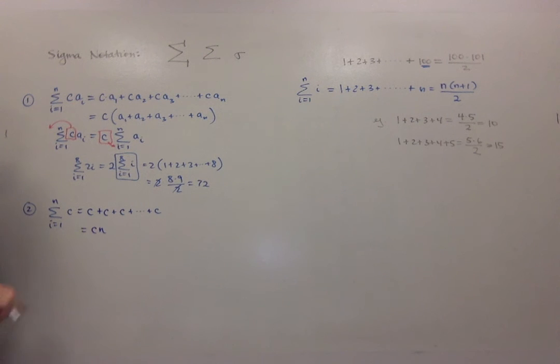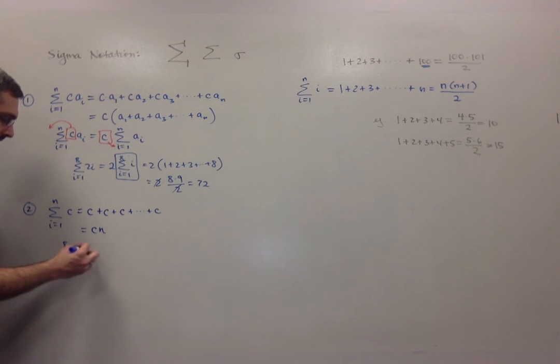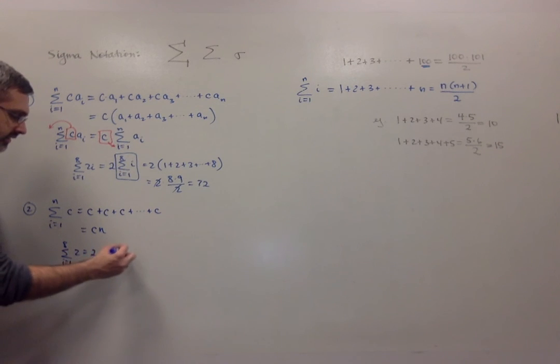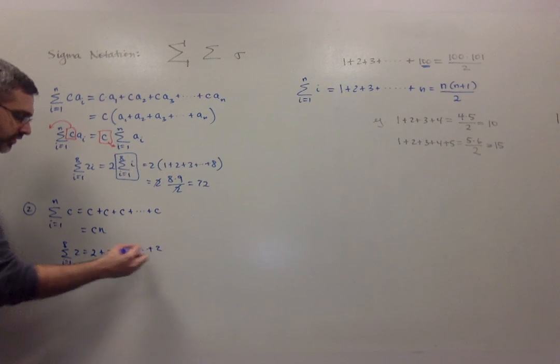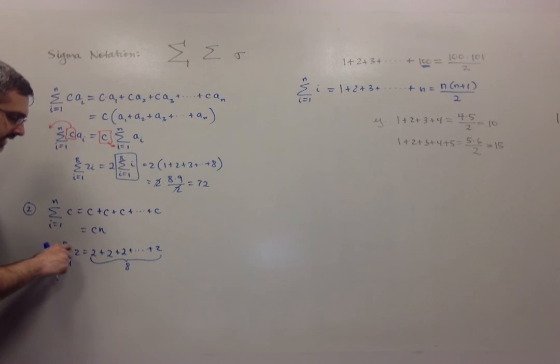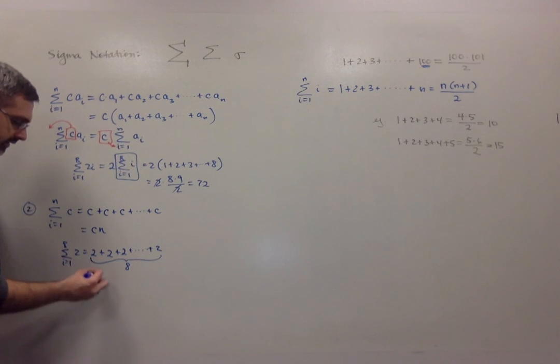So if you're summing a constant, like summing from 1 to 8 of 2, when I equals 1, it's 2. When I is 2, it's 2. When I is 3, it's 2. This is always 2, and I have 8 copies of 2, because I went from 1 to 8. So this is just 2 times 8, which is 16.